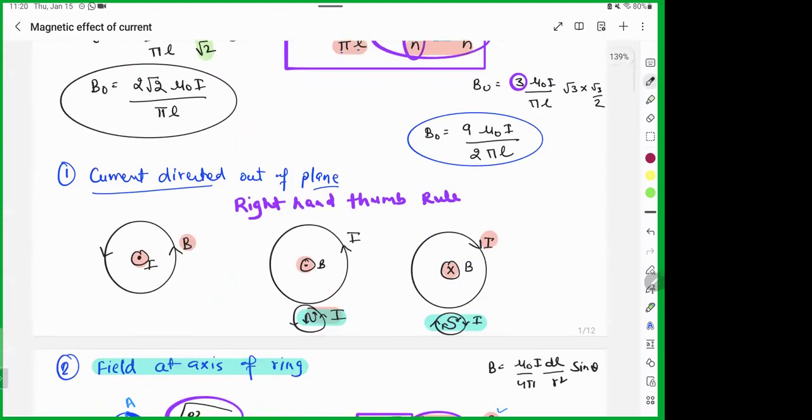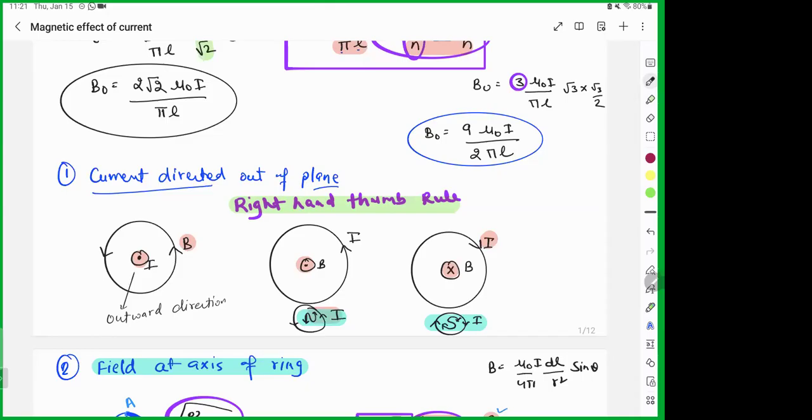Then current direction. It follows the right hand thumb rule, which says that if your current is outside, this dot means outward direction of the current. If current is in the outward direction, your magnetic field will use the right hand thumb rule.